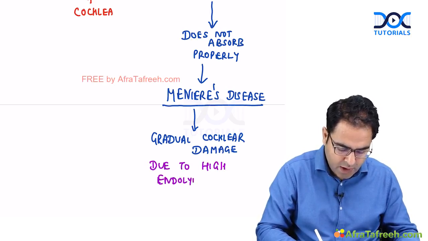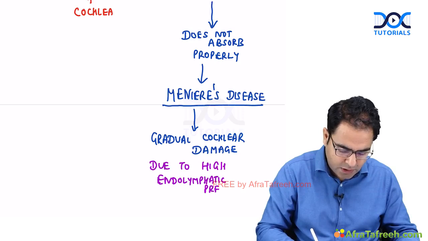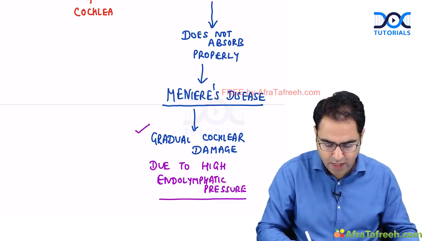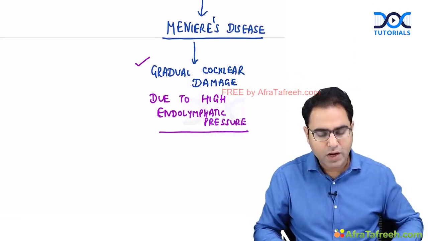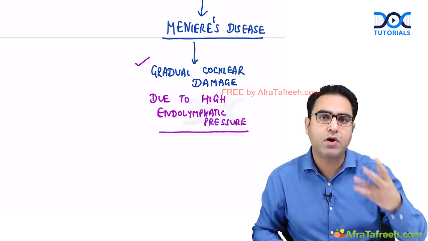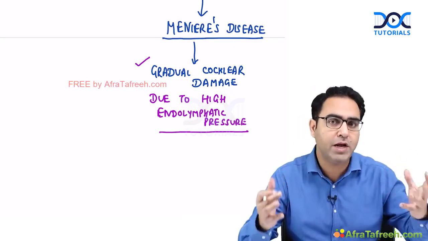Don't you think so? If endolymph starts collecting in the inner ear too much, due to high endolymphatic pressure, there will be gradual cochlear damage. So what happens in Meniere's in the later stage? There is a gradual damage of the cochlea due to high endolymphatic pressure.